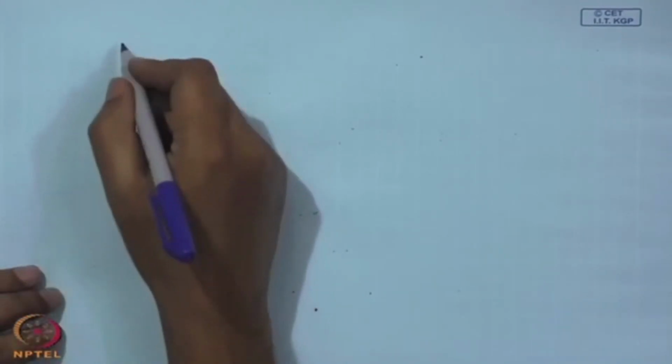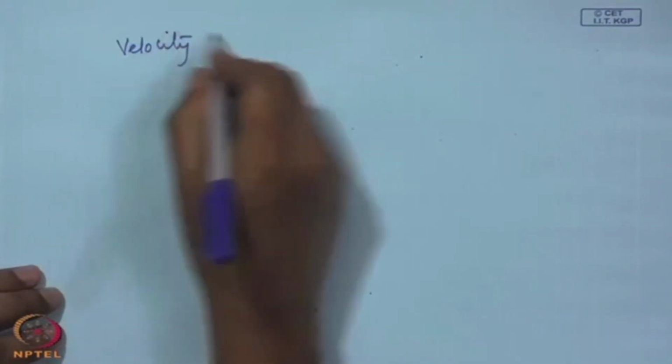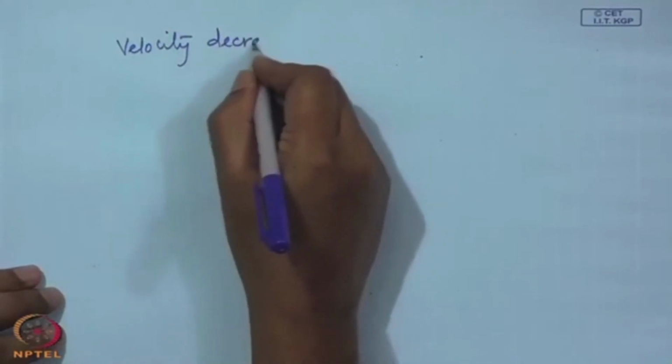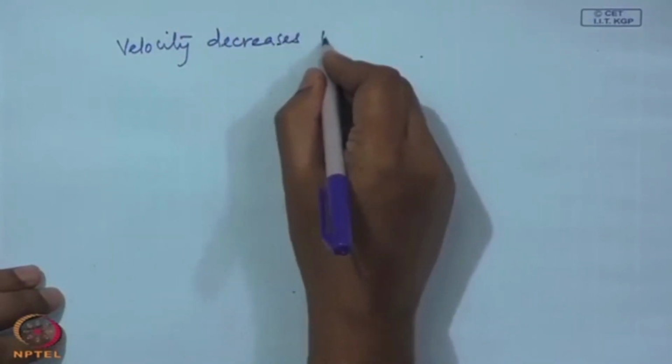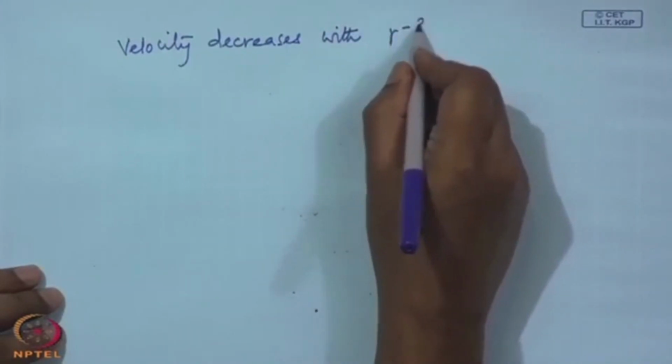And you can also see that the azimuthal component of this velocity, like say this is the doublet axis, the azimuthal component is this component, that azimuthal component is 0. So, you see that velocity decreases with r to the power minus 3.